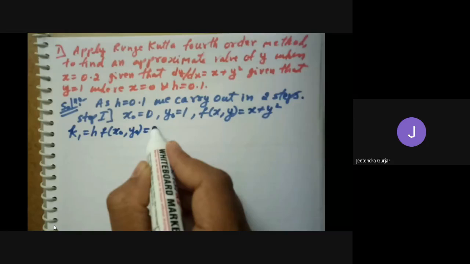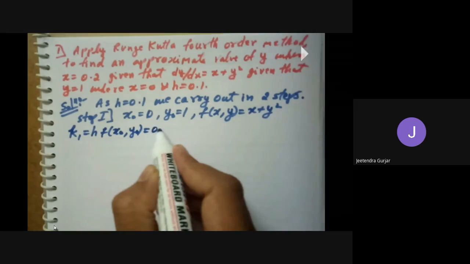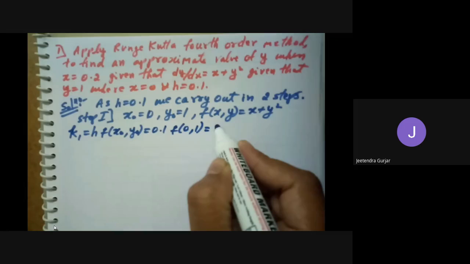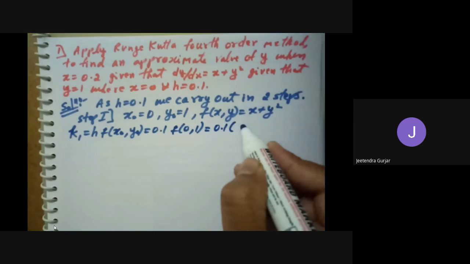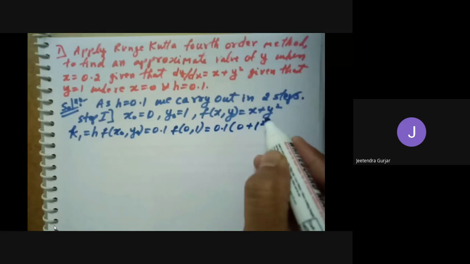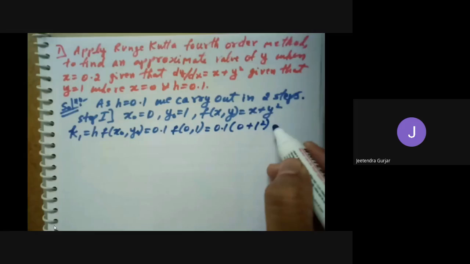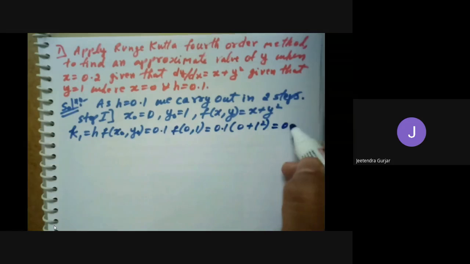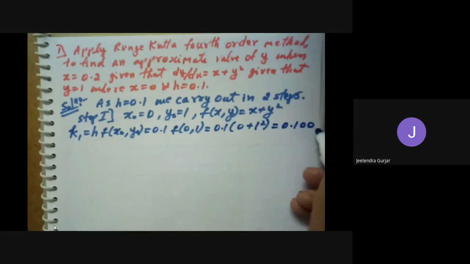So just substitute 0.1. x naught is 0, y naught is 1. So substitute the values for k1. Answer you are going to get here is 0.100. That is our approximation k1.